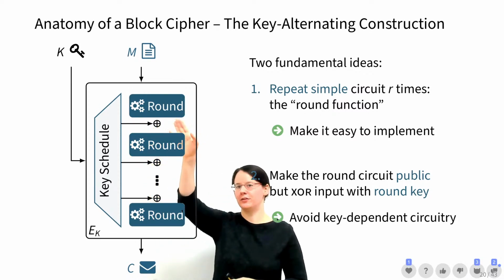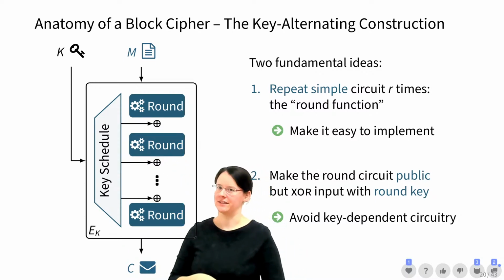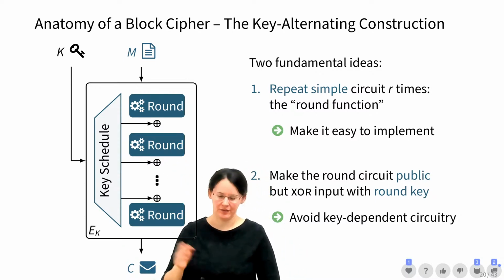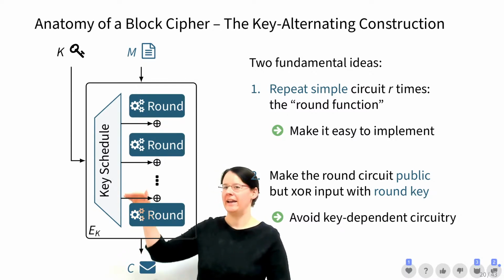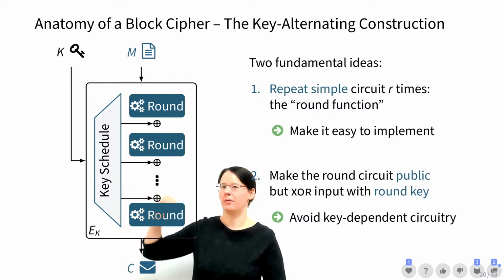If we would use a different operation, like an AND, for example, we would have a number of issues. Among them that we would introduce a key-dependent bias, because if the key would be 0, then the output bit would always be 0. And it would also be a non-invertible function.